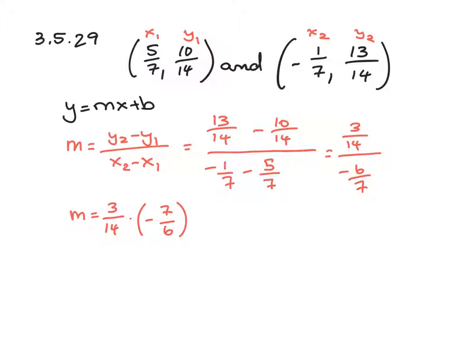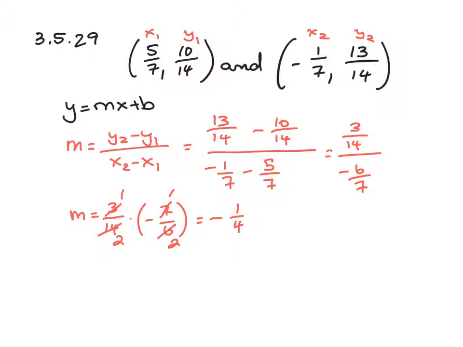Now we can diagonally reduce. 3 goes into 6 twice, and 7 goes into 14 twice. So my numerator is 1 times 1, which is 1, and my denominator is 2 times 2. But not to forget, I have a negative here, so that would be negative 1/4. So the slope is negative 1/4.